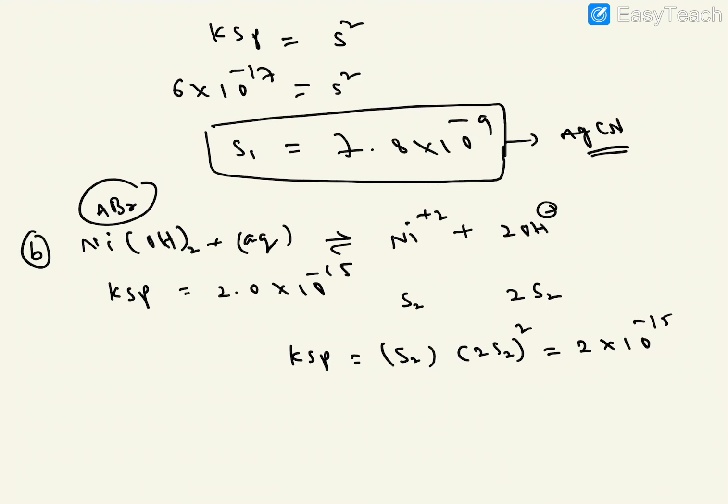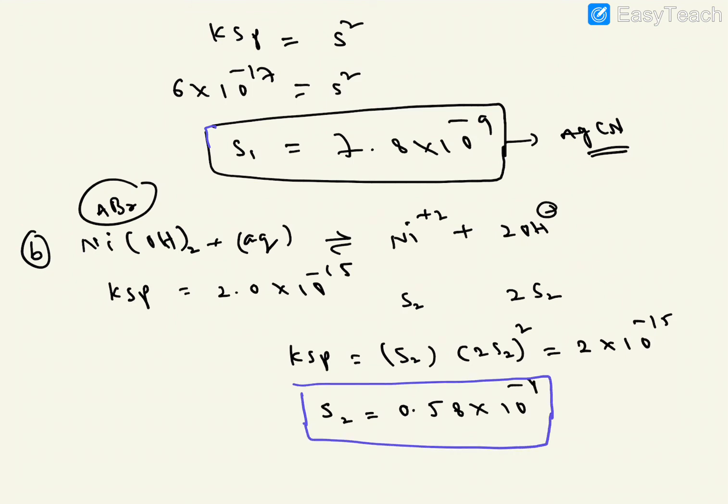We want only one ion, so we multiply these, S2 equal to, and we get the value 0.58 into 10 to the power of minus 4. I hope it is very clear. This is a single ion concentration, and this is also a single ion concentration.